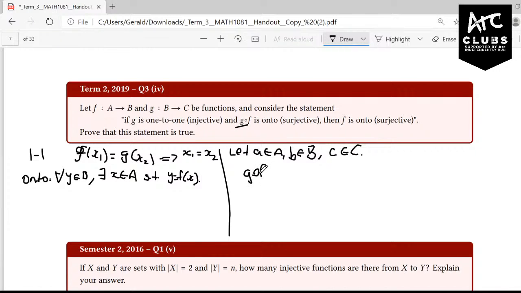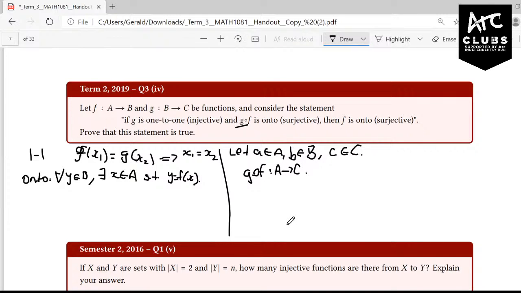The domain is the domain of f, so it's all elements from the set A to the codomain of G, which is C. So it's a mapping from A to C.